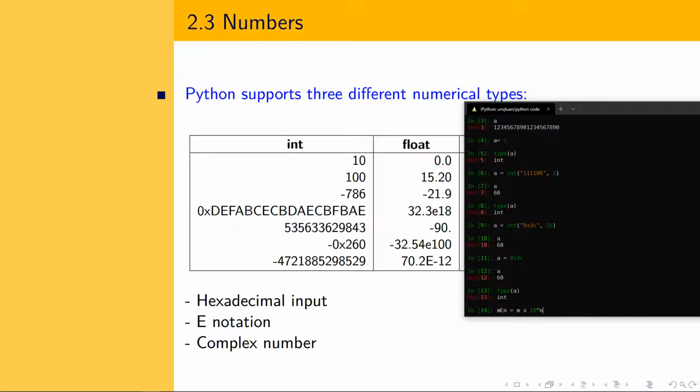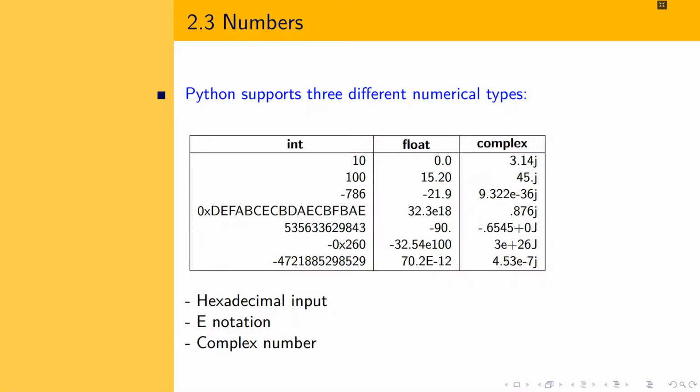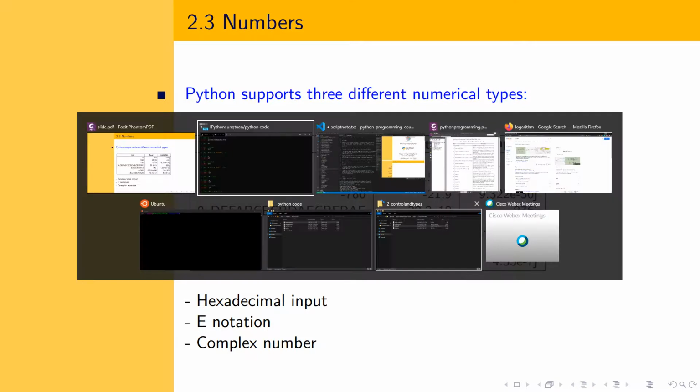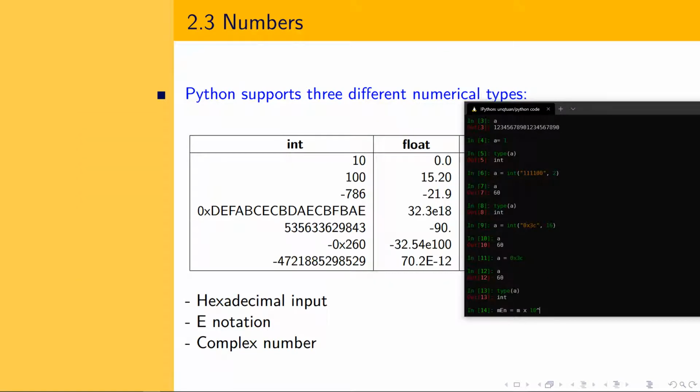So that means you can see here there are many very large numbers like 32.3 E18, something like that. For example, you have a number 3 E6. So this is 3 million, right? And you also can have 1 E minus 3. Yeah, that is interesting, right?